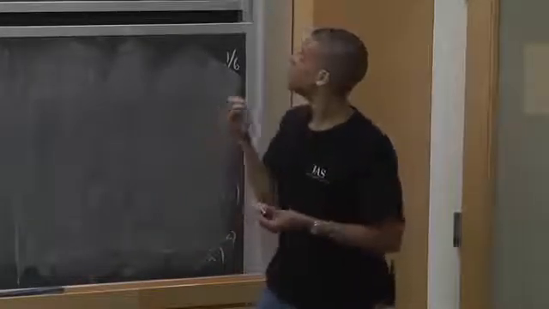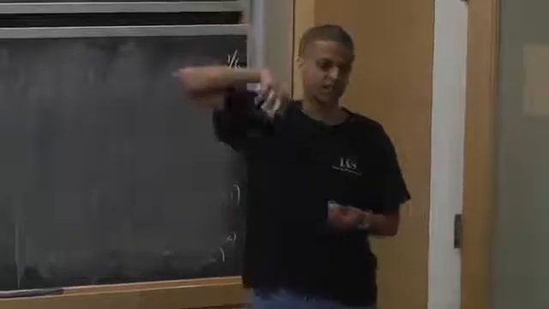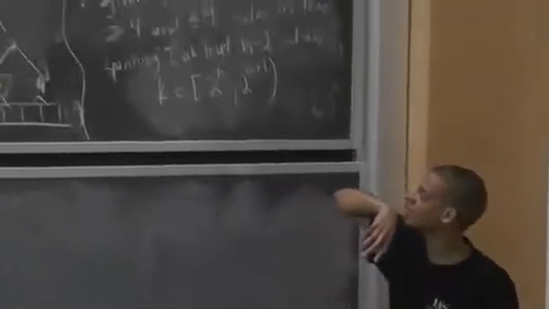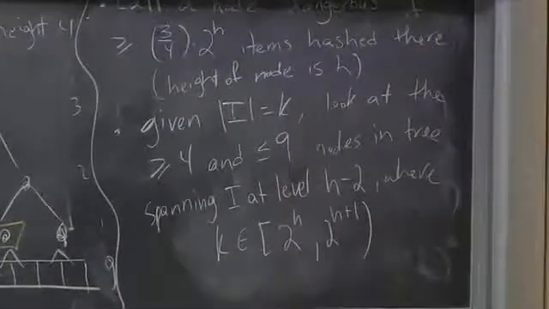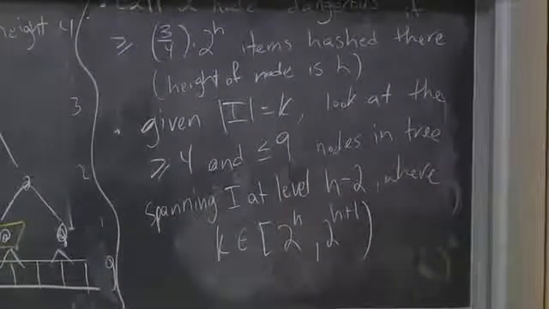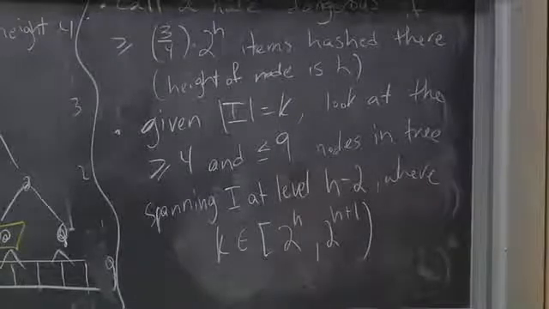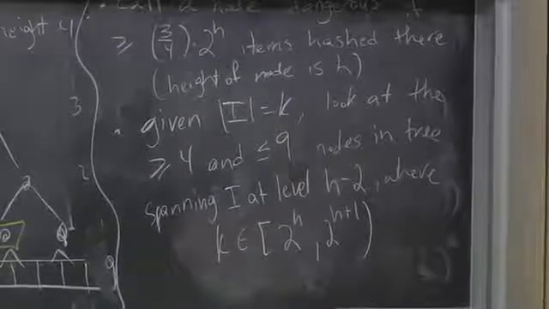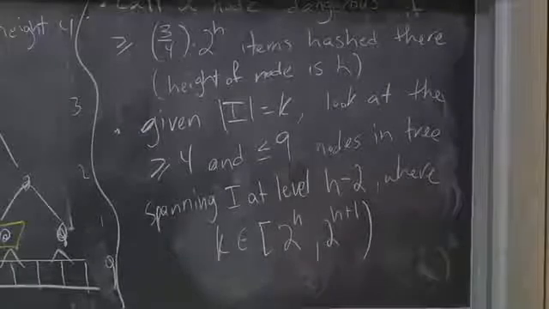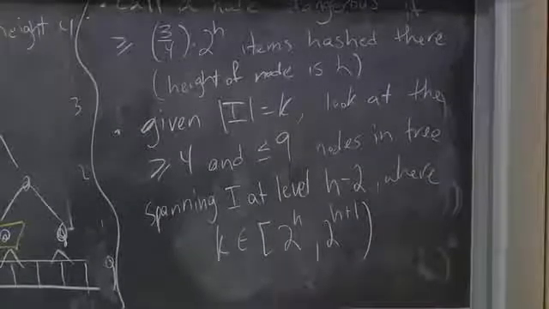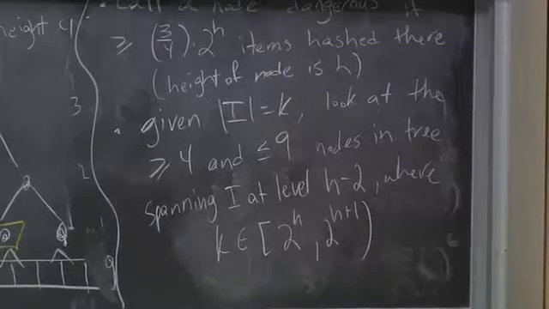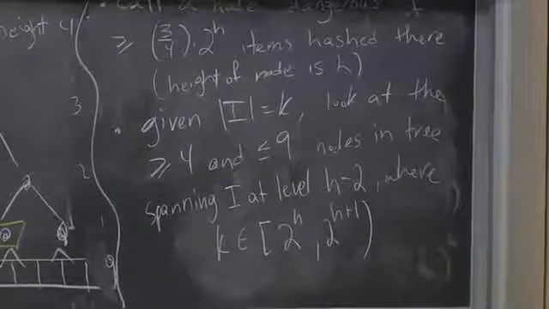So we expect a half times 2 to the h to land there. So having much more than that land there, like a multiplicative factor more, is sort of an anomaly. Why not 3/5 or anything that's bigger than that? Yeah, you can crank out an argument that uses any constant factor bigger than a half. You could do that, yeah.